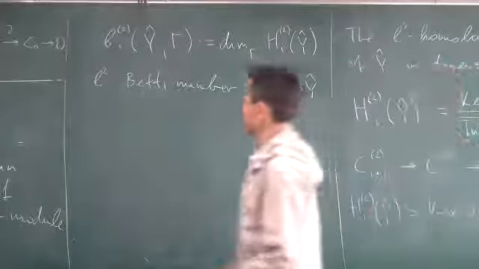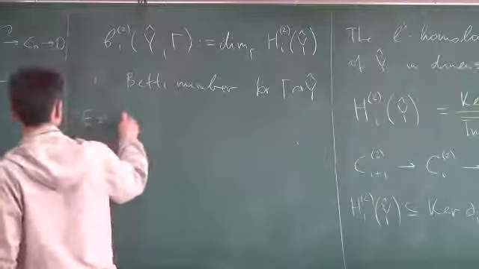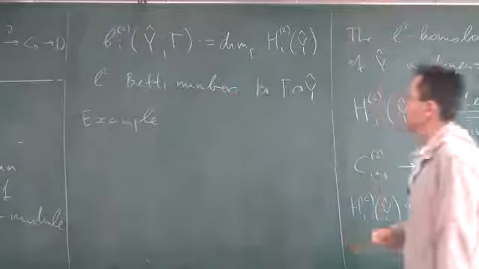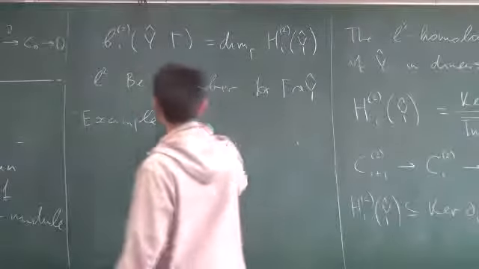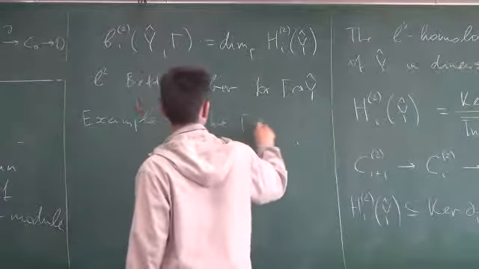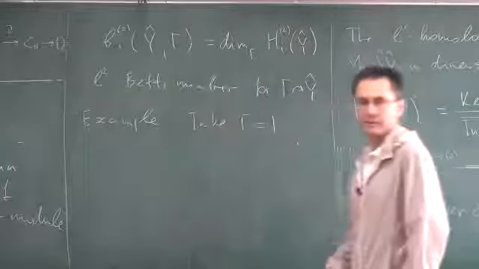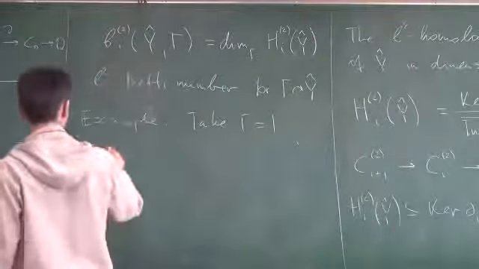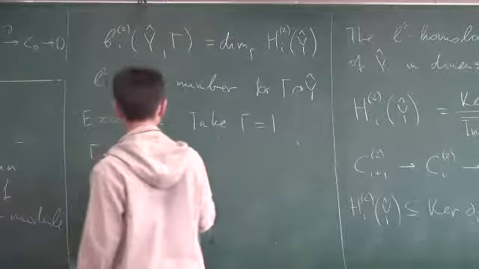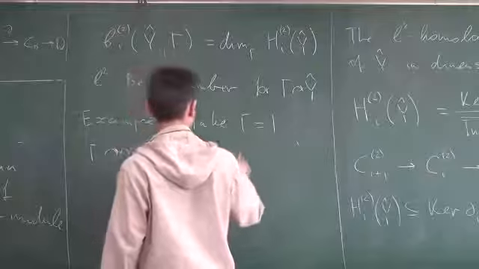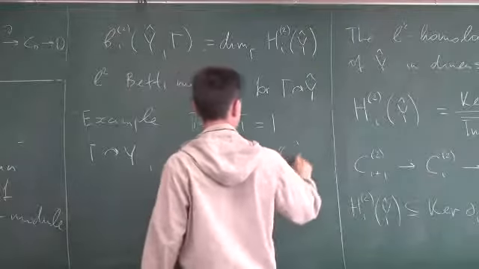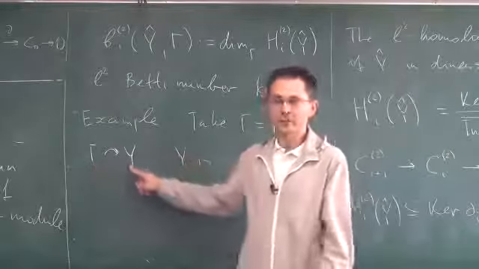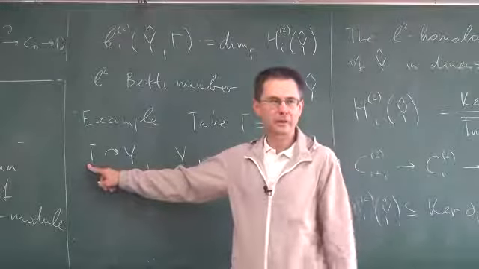So let's consider an example. The first example is to take gamma to be just the trivial group, and consider the gamma action on a complex y. Y is a complex, and this is the obvious action; gamma consists just of one trivial element.